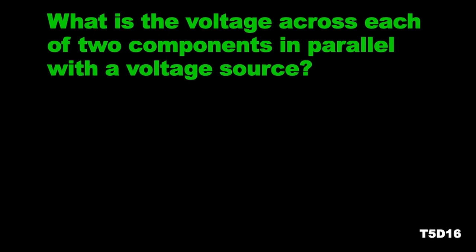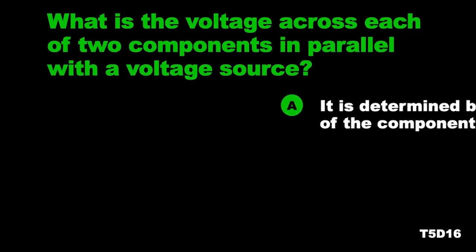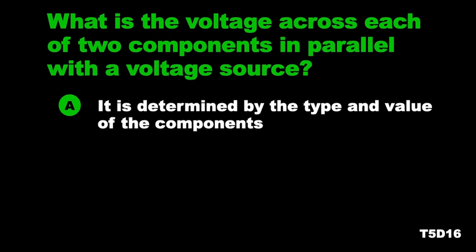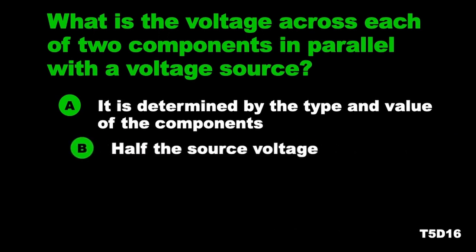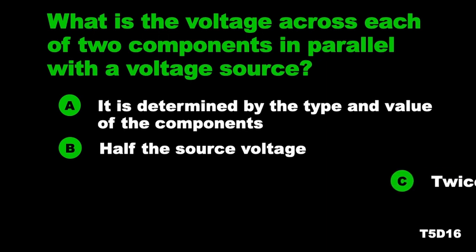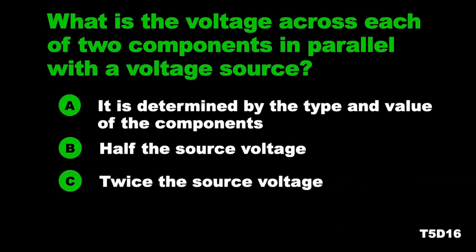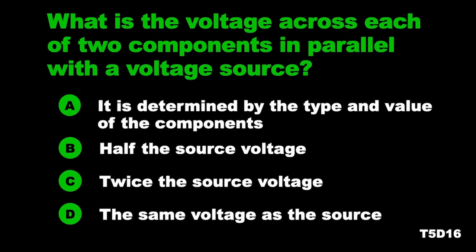What's the voltage across each of two components in parallel with a voltage source? This is very similar to the previous question. A, it's determined by the type and value of the components. B, half the source voltage. C, twice the source voltage. And D, the same voltage as the source. If it were C, it'd be awesome because you could just double it, a magic source of voltage. But it's voltage in this case, and it's in parallel.